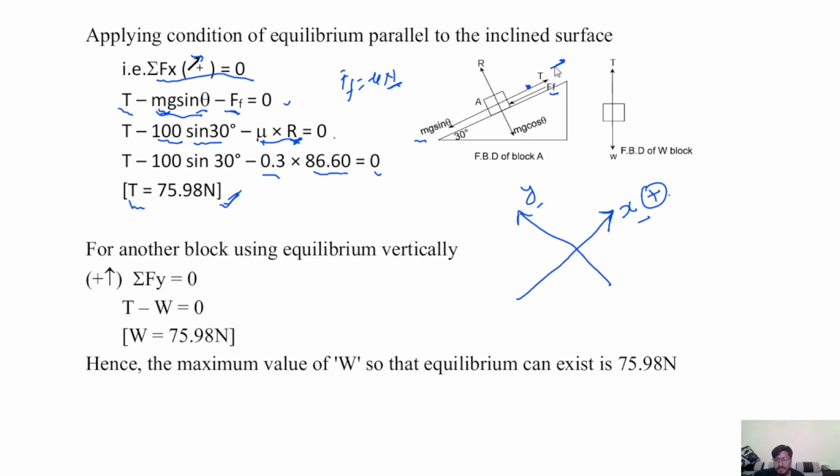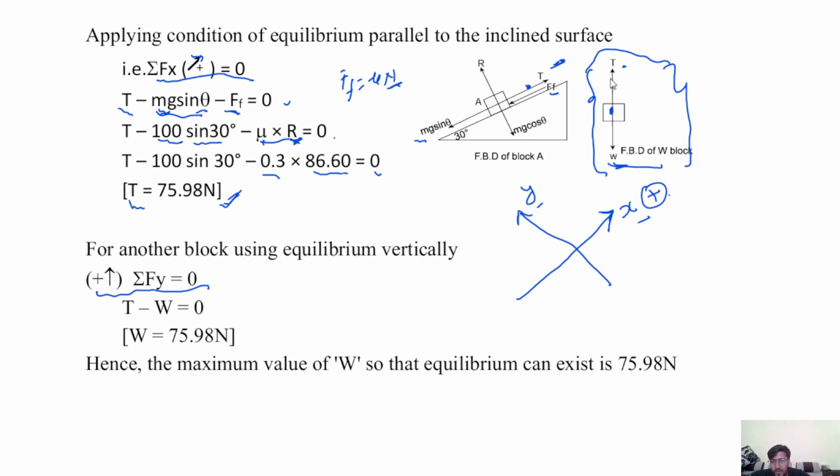From this tension T, applying the equilibrium condition for block W, there is no acceleration, so use equilibrium vertically: summation of Fy is equal to 0. We want to calculate the maximum value of W. So for the free body of W, W is acting downward and T is acting upward, because tension is always acting away from the body considered.